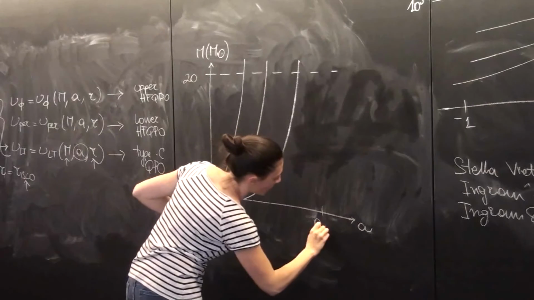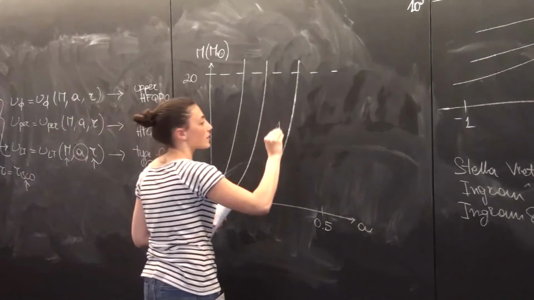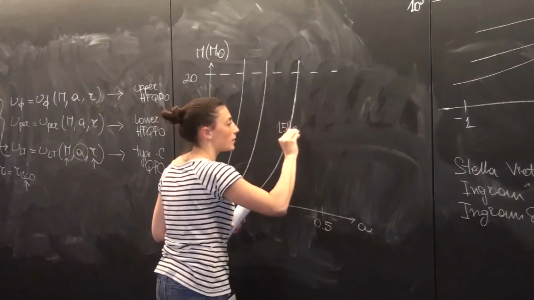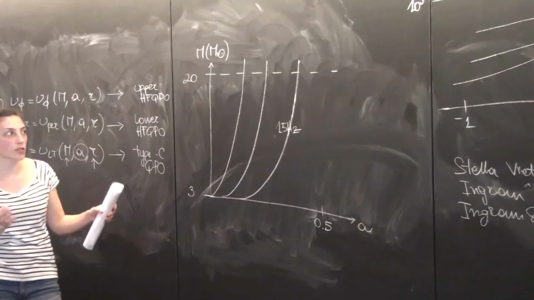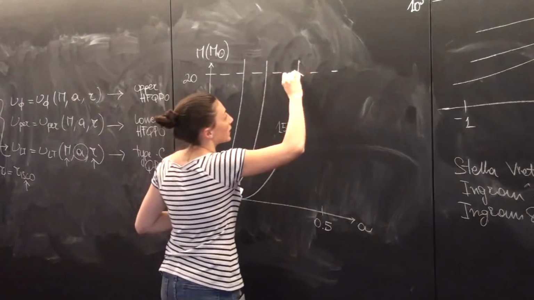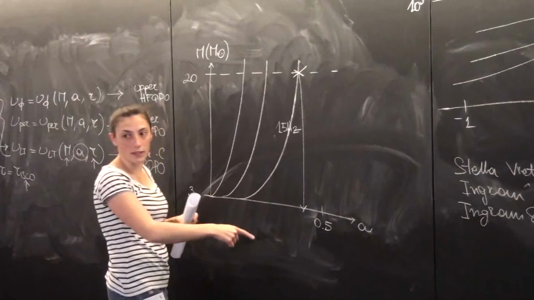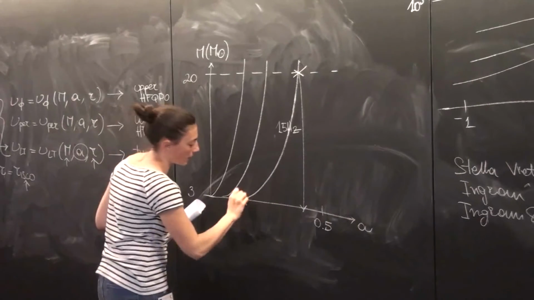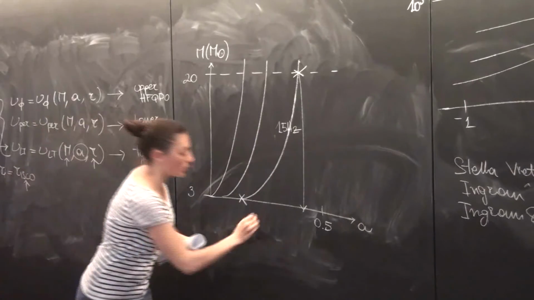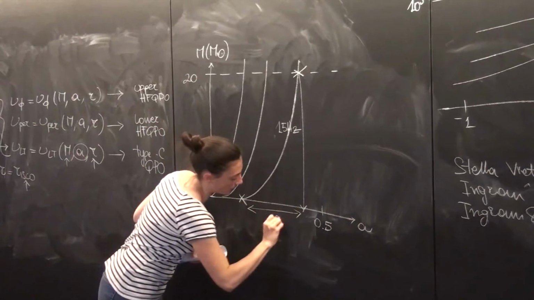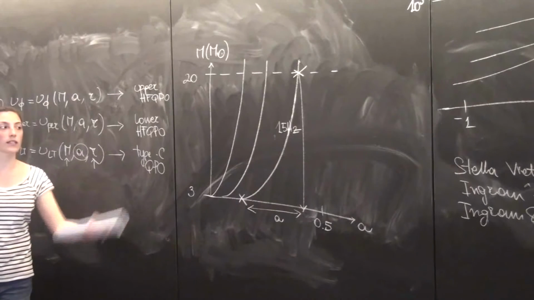This is below 0.5. This is for different frequencies. For example, if this is 15 Hertz, and this is the highest type C QPO that we found for a given source, then putting an upper mass limit allows us to put an upper limit to the spin, and then again we have the lower limit, putting a lower limit on the mass of the black hole. So we constrain the spin within this range. So we did this for 12 sources.